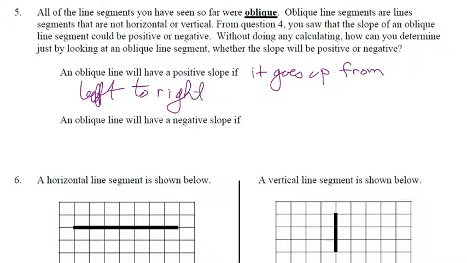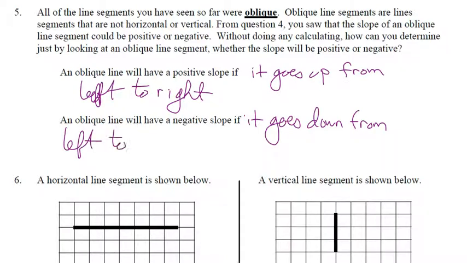An oblique line will have a negative slope if it goes down from left to right. What kind of slope is this? He says, pointing to a line drawn on the board which goes up from left to right.